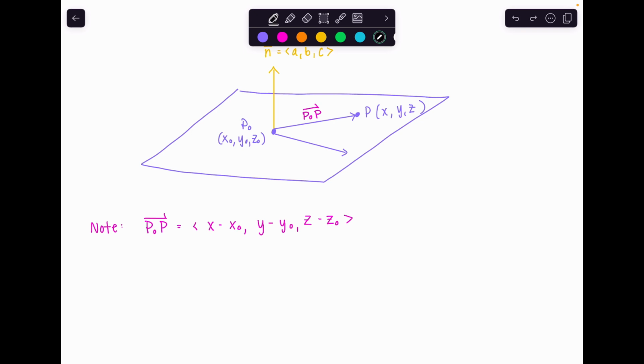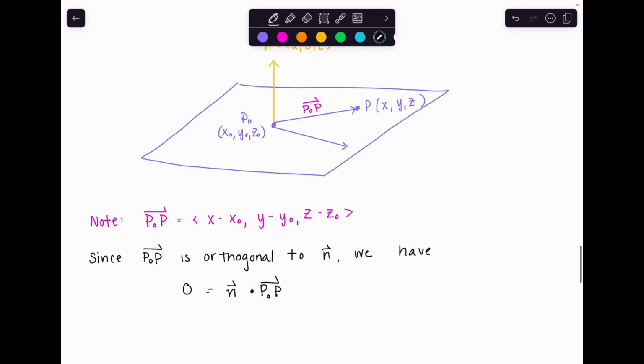So from that, since P0P is orthogonal to n, when I take the dot product of P0P and n, we'll put n in the front, we know that's going to equal 0.